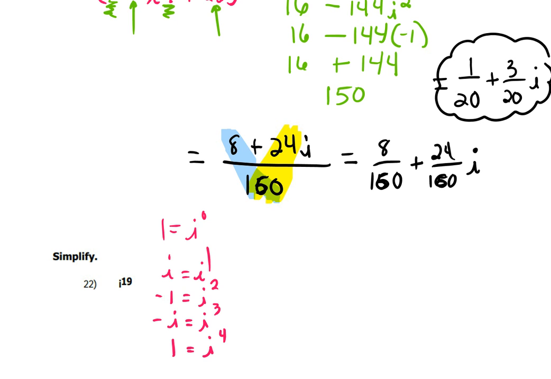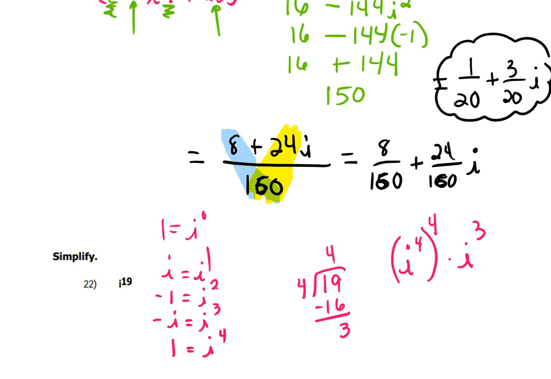So I just take the 19, I divide it by 4. 4 goes in there 4 times. So what I would have right now is I would have an i to the 4th 4 times, with 19 minus 16, that's 3 left over, with an i to the 3rd left over.